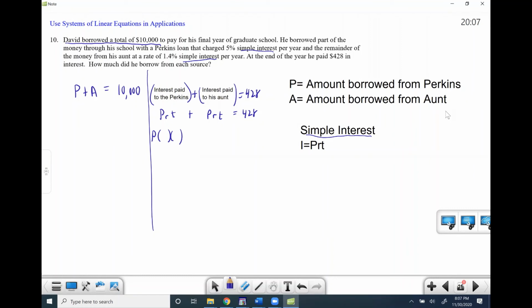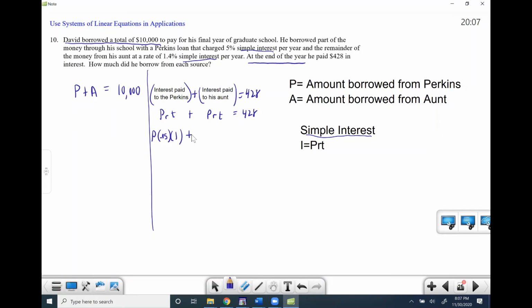Yeah, 0.05, you even moved the decimal. Look how good you guys are. And then as far as time, how long are we doing this for? Yeah, at the end of the year. So just 1 year, you guys.